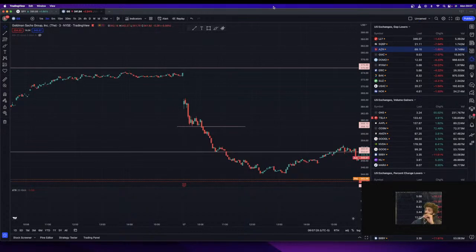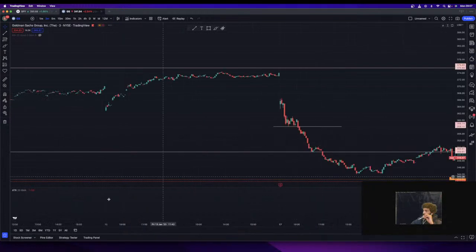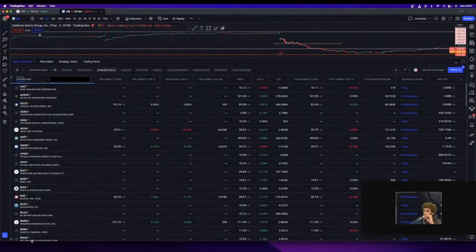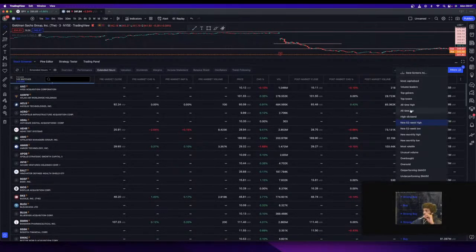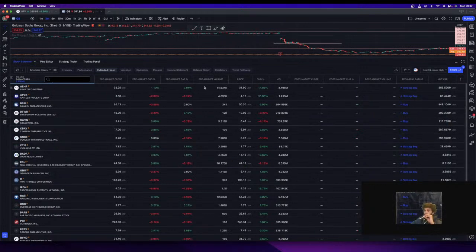And if you want to see what's going on, there is a stock screener at the bottom as well. Let me minimize this. You can click it, and if you go to the filters, you can literally put in any type of filters, whatever you need. For example, if you're a 52-week low trader, you want to see all the stocks which hit a new 52-week low, it's going to tell you.